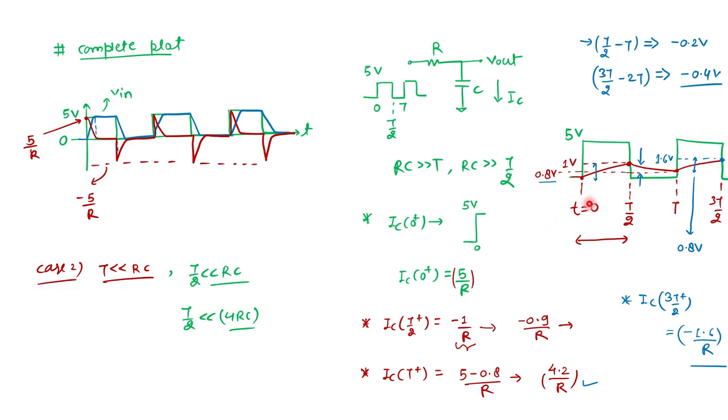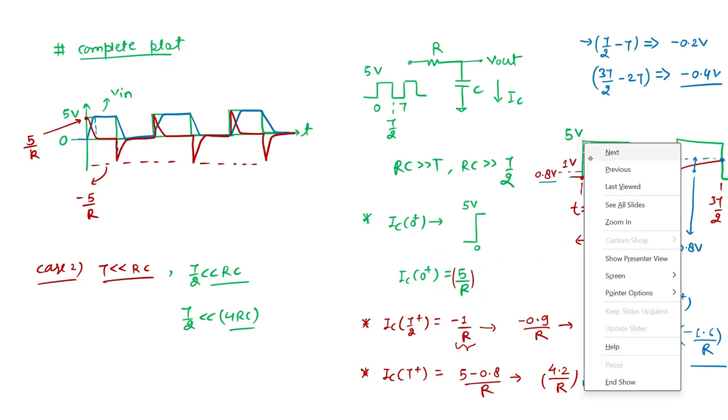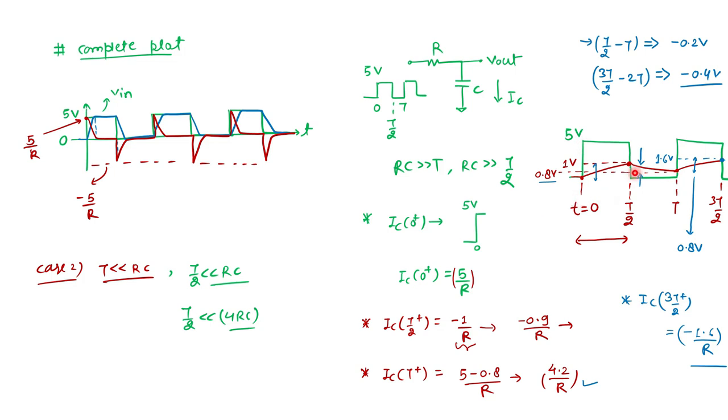At t equal to 0, the voltage is 0 volt, so the initial current is 5 by R. Somewhere here we start with the current, and at t equal to T by 2, my capacitor voltage reached 1 volt. So what is the current there? At that time the current is 5 minus, because this voltage minus the capacitor voltage, which is 1 volt at T by 2. So it is 5 minus 1, that is 4 by R. So the current is 4 by R.